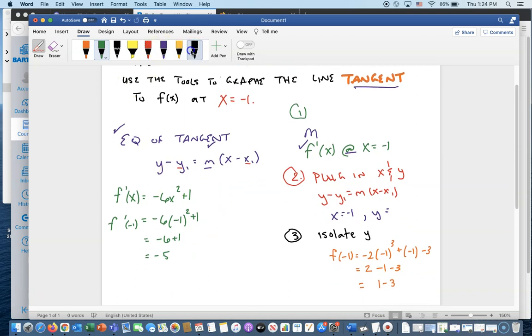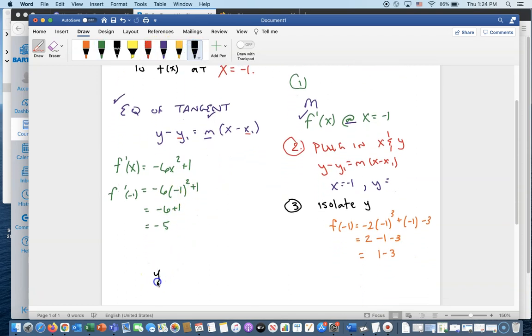We could go ahead and write in some of this information here. y minus something, -5(x minus something), okay? So that is the first step. It's really kind of the calculus part of this problem, finding the derivative and plugging in -1.